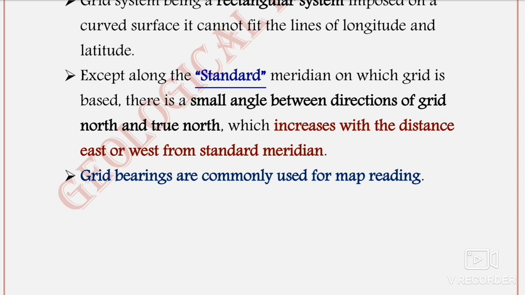There is a small angle between the directions of grid north and true north, which increases with distance east or west from the standard meridian. So the difference between true north and grid north increases as we move east or west from the standard meridian.